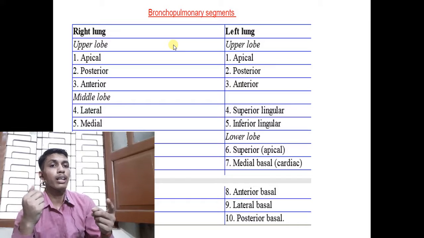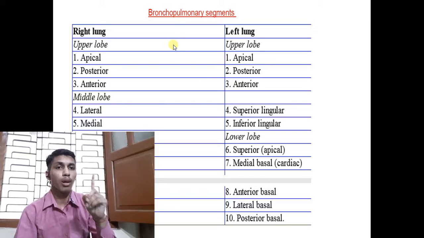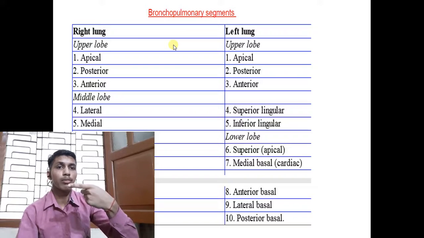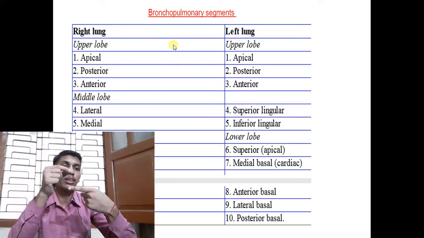In the left lung only one fissure, the oblique fissure, is present, so the left lung is divided into two lobes only: the superior or upper lobe and the inferior or lower lobe.